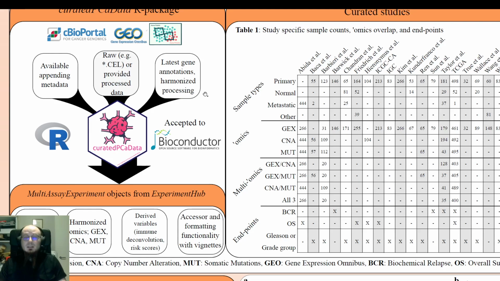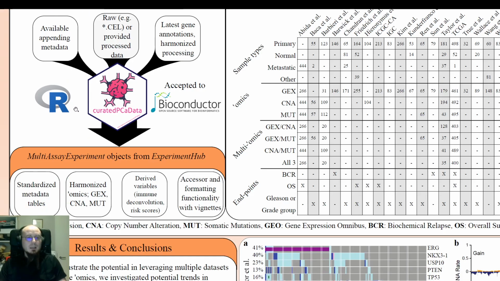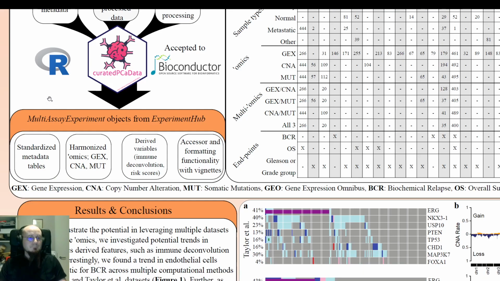For example, in the sense that for most microarray studies you'll find that we used RMA normalization, making them better comparable to each other. I mentioned it's an R package and it's already been accepted to Bioconductor.